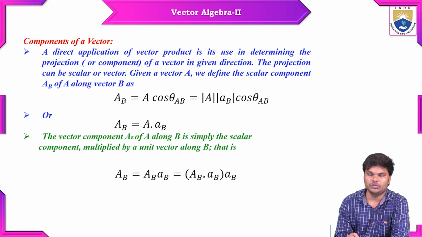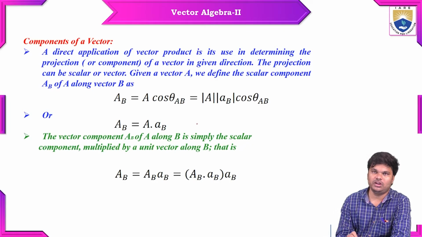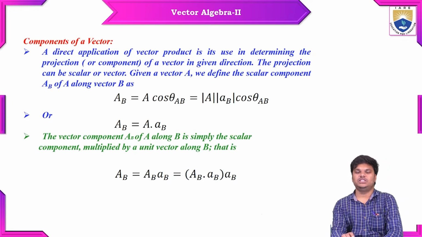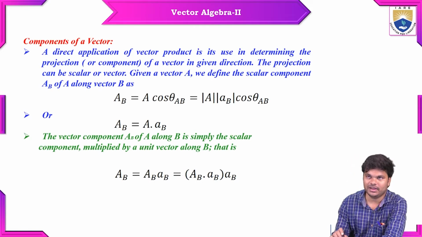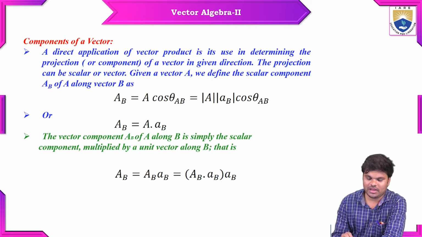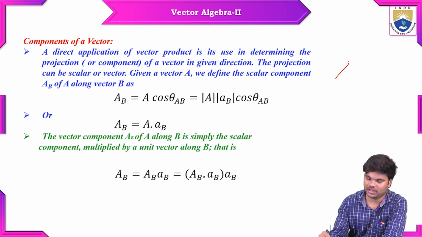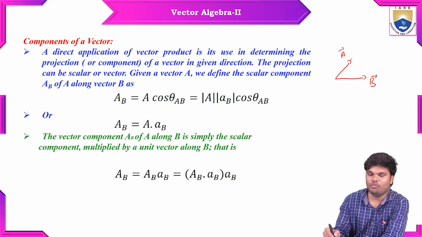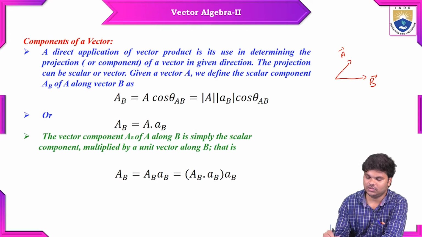And sometimes we should find out the vector component of one vector along another vector to make the mathematical calculation simple. Okay. So here we have two vectors, vector A and vector B. What is the component of A along B?